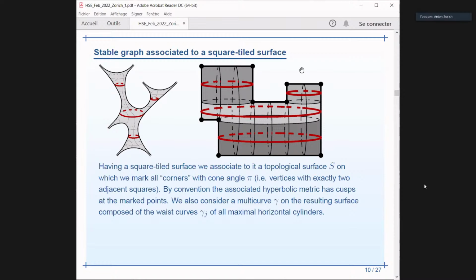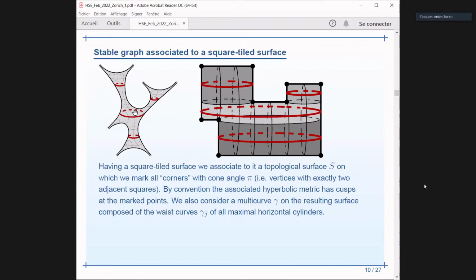So now we discuss this decomposition of the surface into maximal horizontal cylinders. Yeah, a question from Maxim. Why do you call the associated metric hyperbolic? This one? No, here in the main picture, the metric is flat.